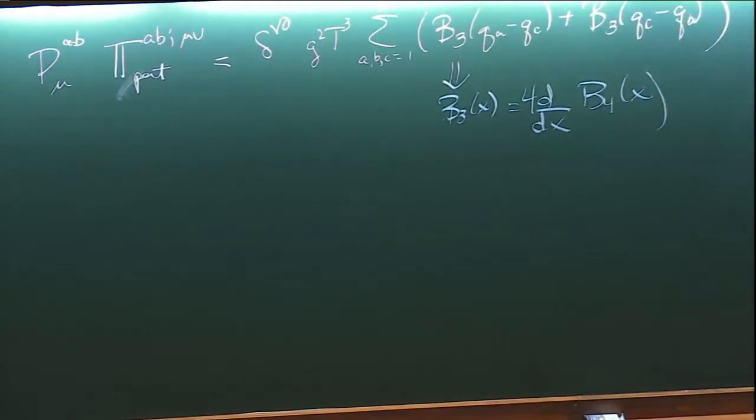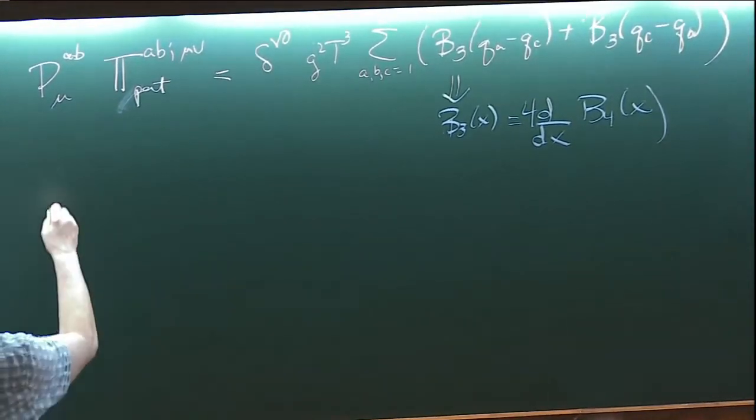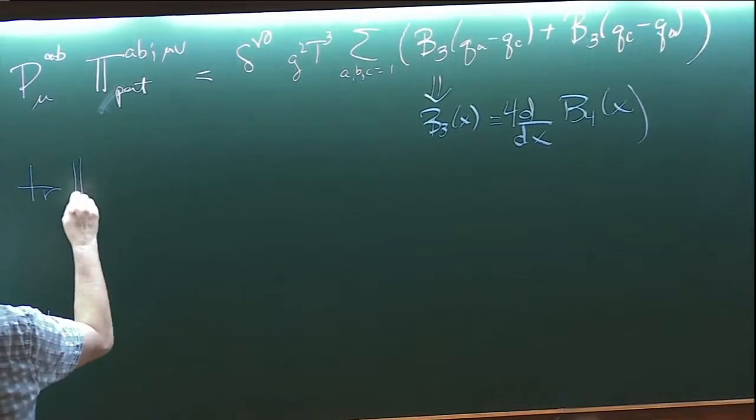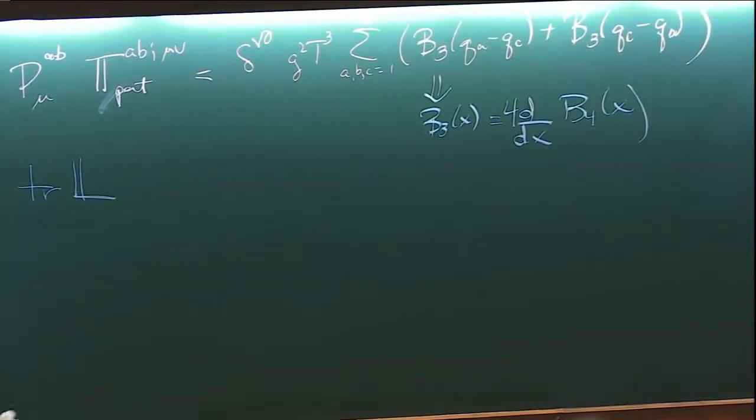Now, in fact, when Cortes Altes computed this, he used gauge invariant sources such as trace eval and powers of trace eval. Since he used gauge invariant sources, it's consistent with the BRST identities.